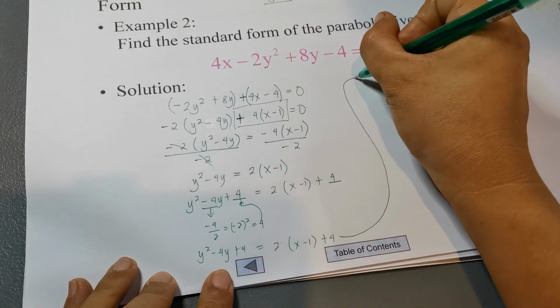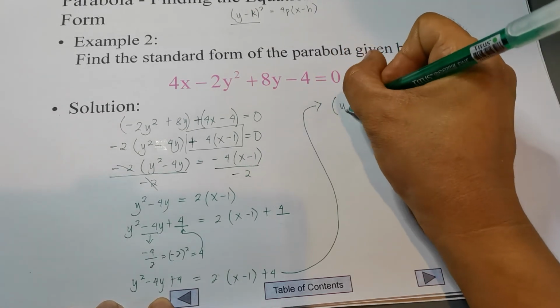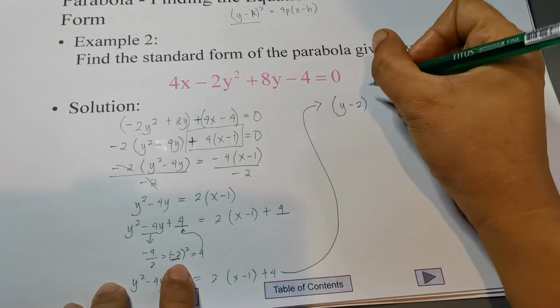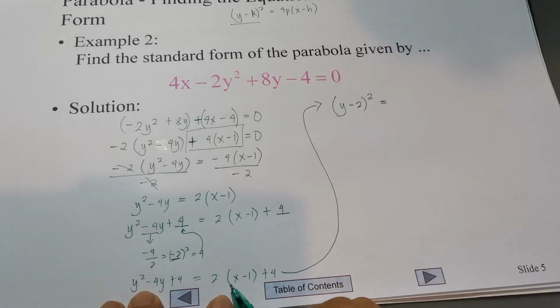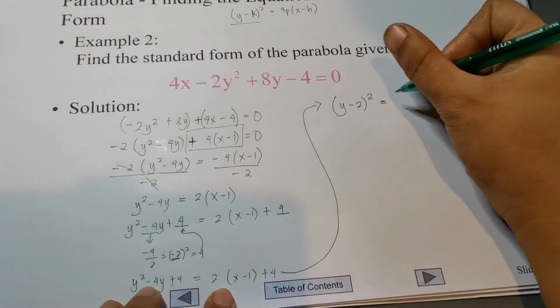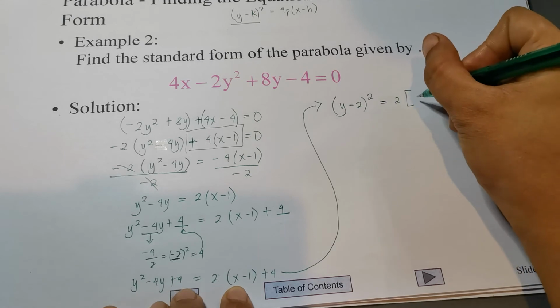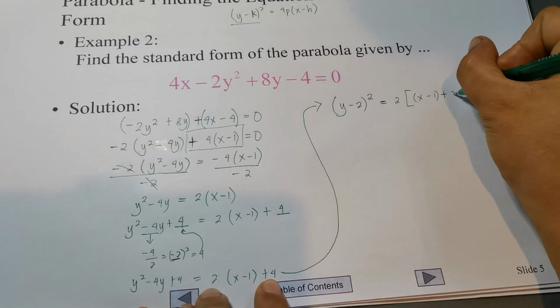And so this can be factored already as y minus 2 quantity squared, since that is minus 2, that is what we add. Then this equals, the common factor of 2 and 4 is 2, so we have 2 times x minus 1 plus 2.